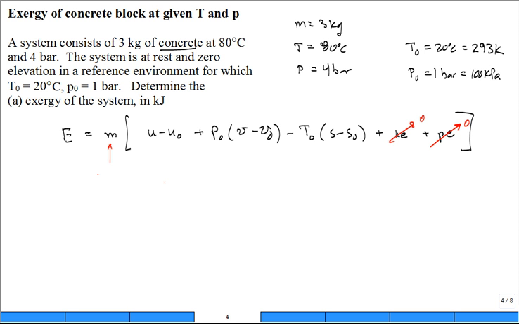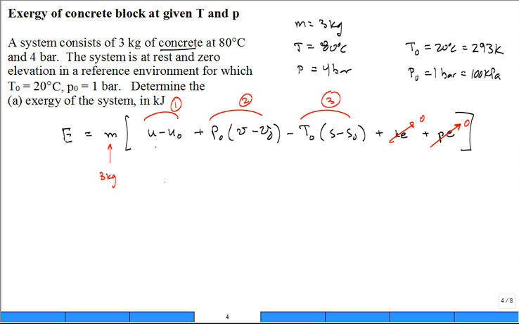Well, I know that it's 3 kilograms. And I need to calculate kind of like group 1, group 2, and group 3. You know, what is this delta U, U minus U naught, for this problem?